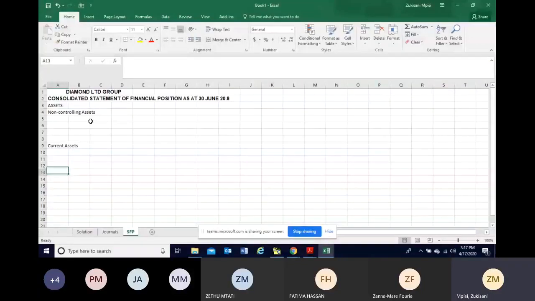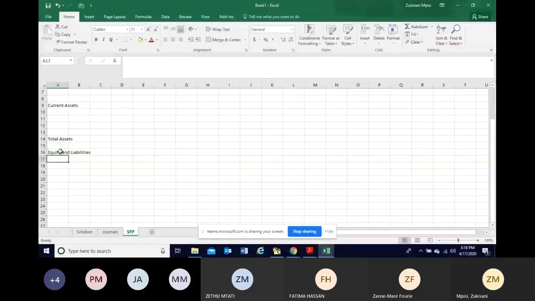We've got total assets. We've got equity and liabilities. We've got equity attributable to owners of the parent. This is easier.